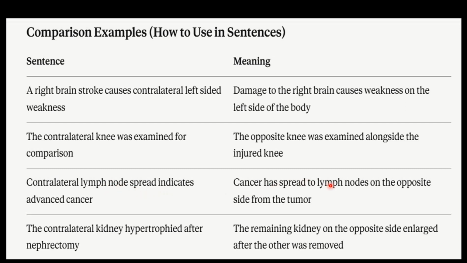Okay, so cancer has spread to lymph nodes on the opposite side from the tumor. Okay, the last example says the contralateral kidney hypertrophied after nephrectomy. So it means the remaining kidney on the opposite side enlarged after the other was removed.